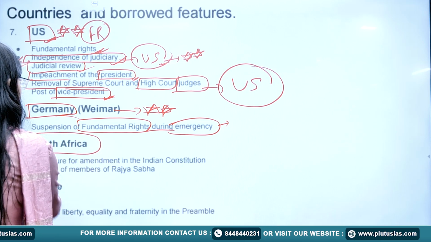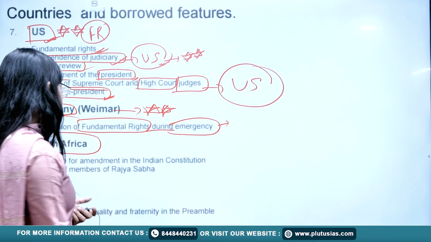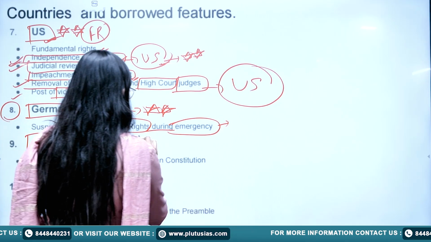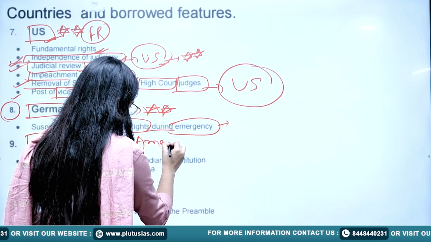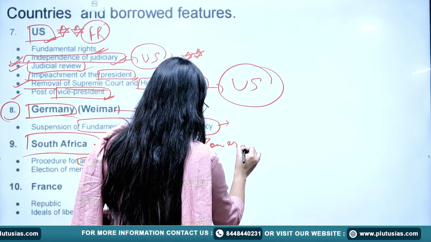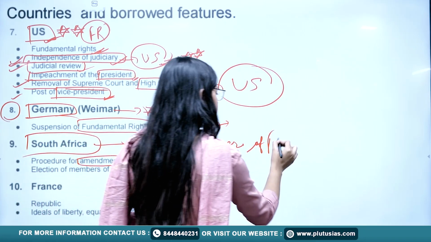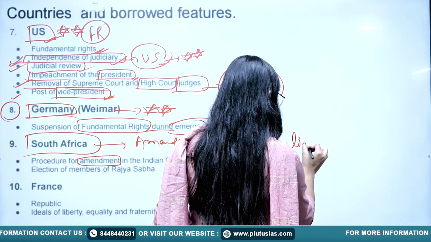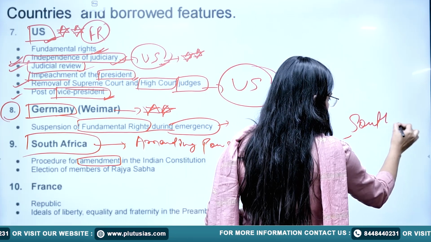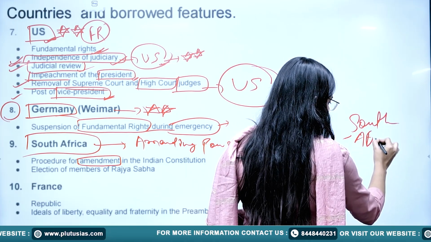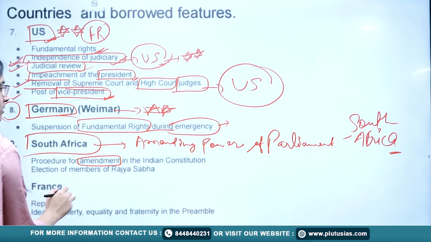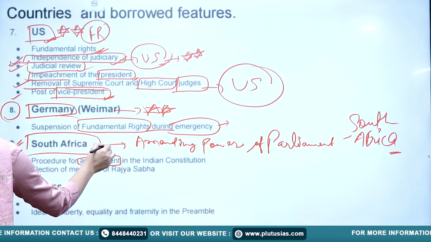After that, from South Africa, what features have we taken? The procedure for amendment, the amending power of the parliament, is taken from South Africa. Remember this. This is also an MCQ-based question which can be asked in exams, and an important one.